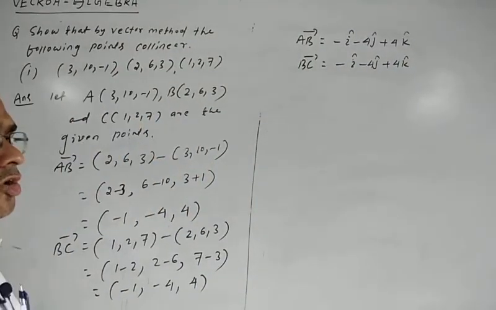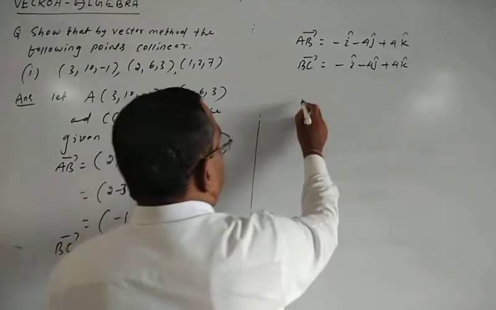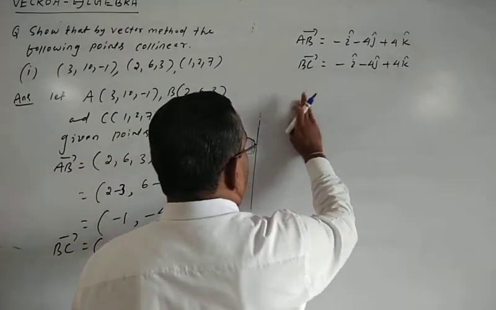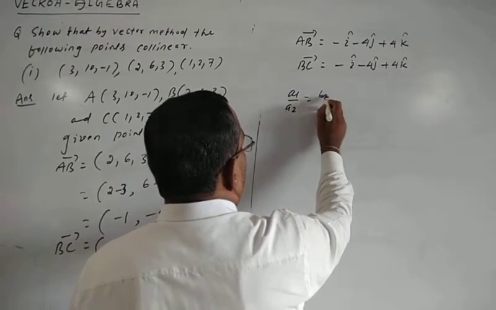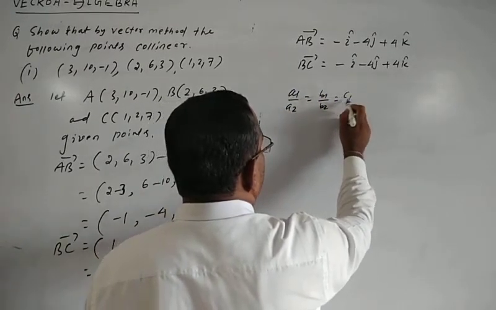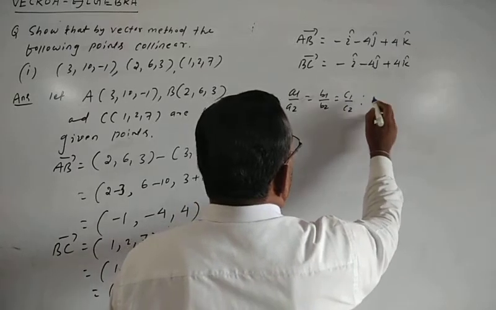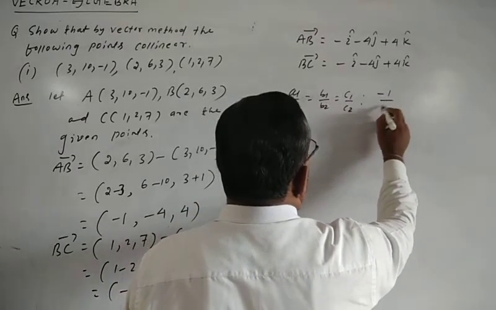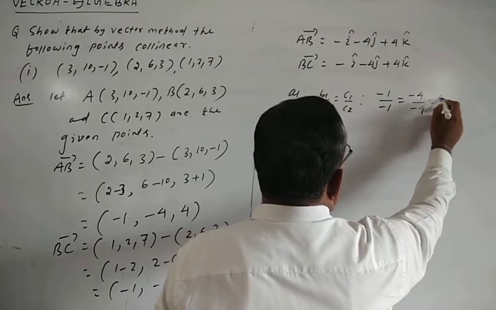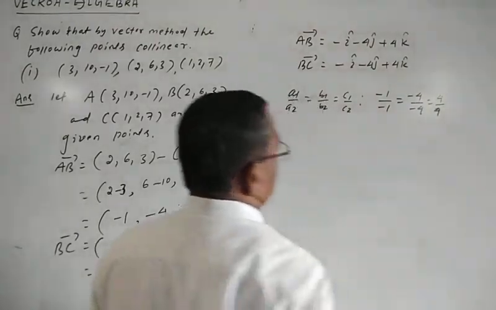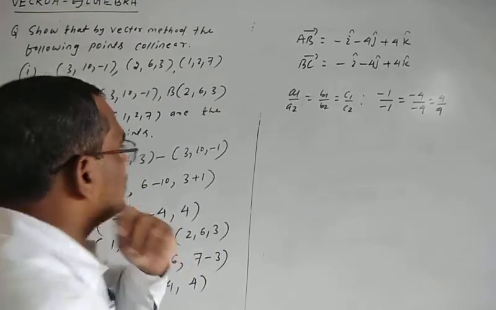So equal vectors are always parallel. That means A1 by A2 equals B1 by B2 equals C1 by C2, which is minus 1 by minus 1, minus 4 by minus 4, and 4 by 4. So these are proportional.